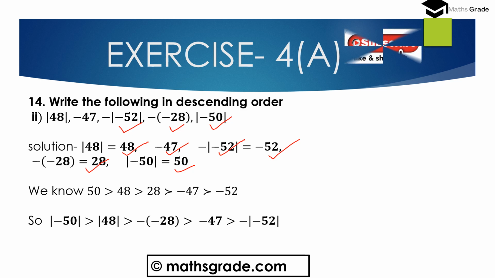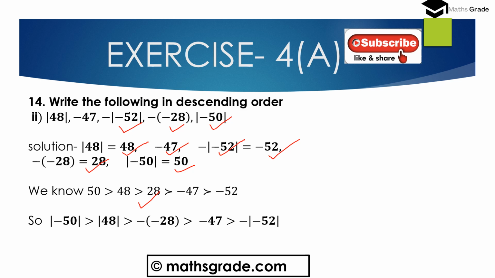Now we have to arrange these integers in descending order, that is greatest to the smallest. We know 50 is greater than 48, is greater than 28, is greater than minus 47, is greater than minus 52.